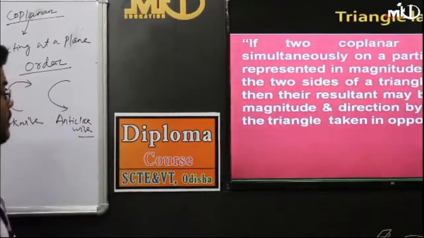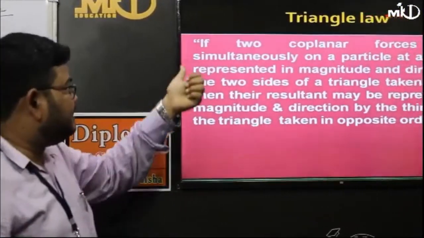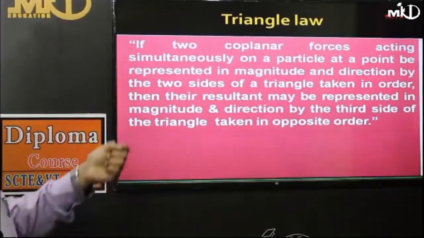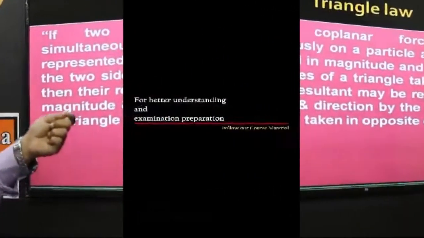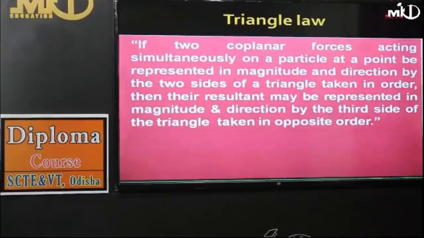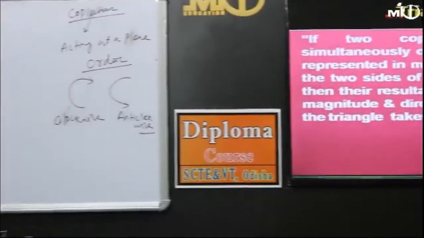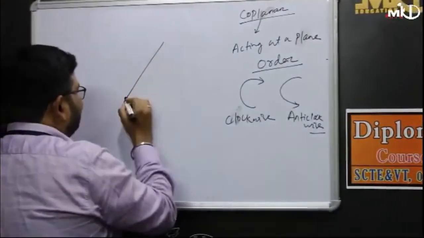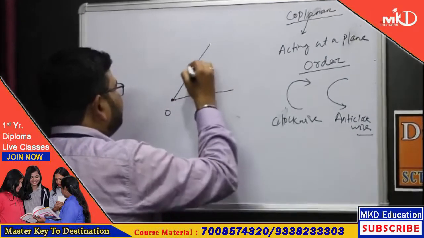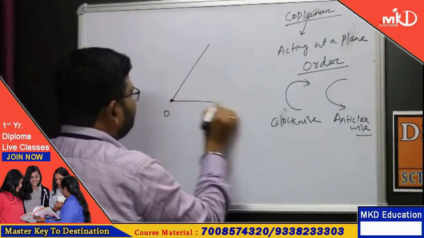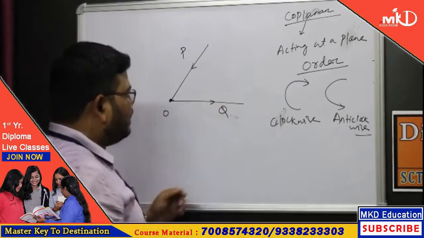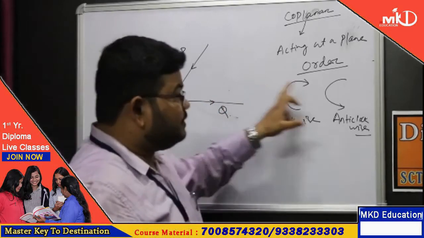Now let us see how the triangle law is represented here. If two coplanar forces acting simultaneously on a particle at a point be represented in magnitude and direction by the two sides of a triangle taken in order. Let O be a point where two forces are acting, and let the two forces be P and Q. I have already given the order which we have discussed here.